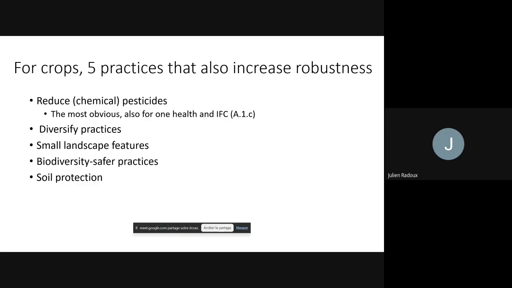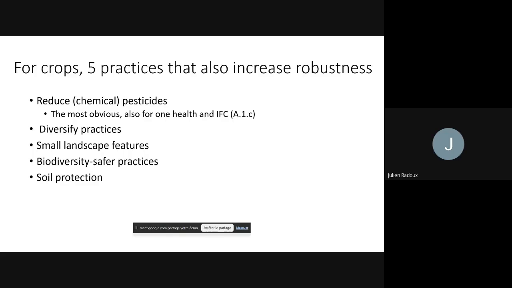Now, moving to the crops. For crops, there's also 5 practices. And it's important to say, especially for crops, that those practices also increase the robustness of the farmers. So I think we should not see biodiversity negatively as opposed to crop production and so on.